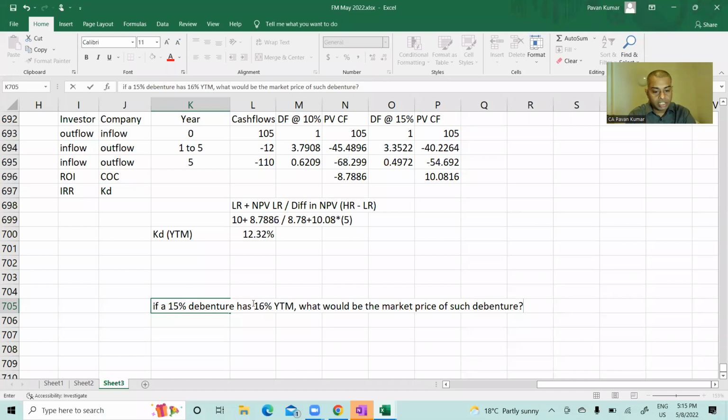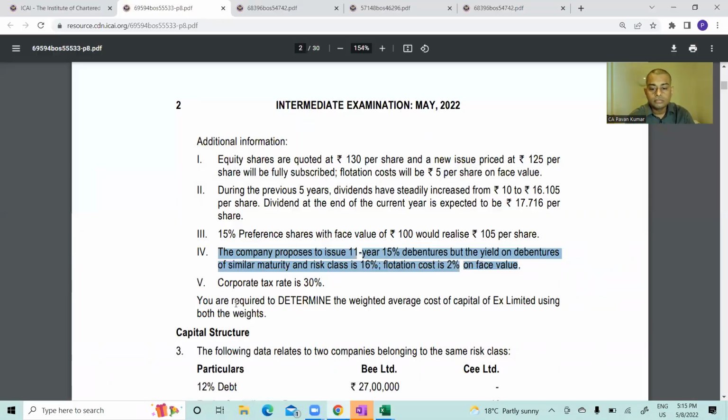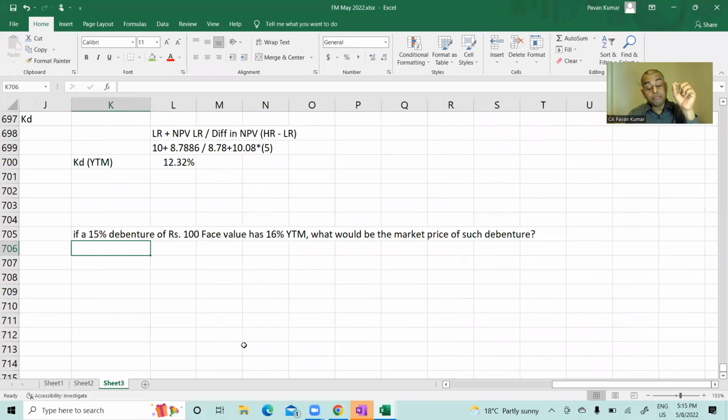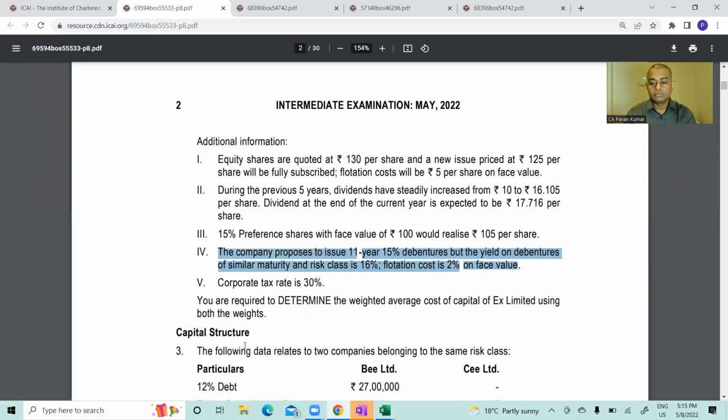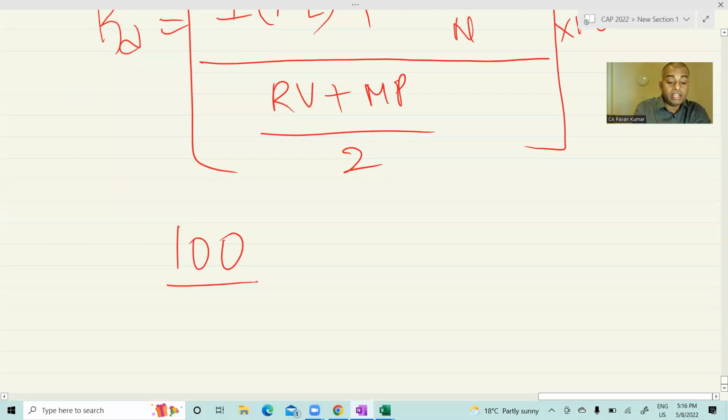Write down this in your notes, because you cannot even understand what is the logic ICA is calculating. What is the question? If a 15% debenture of ₹100 face value has a 16% yield to maturity, what would have been the market price of such a debenture? How do we calculate it? 100 rupees divided by 16 into 15. That should be 93.75.